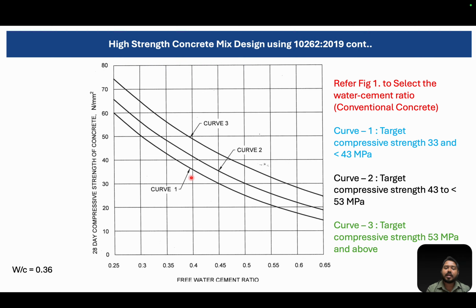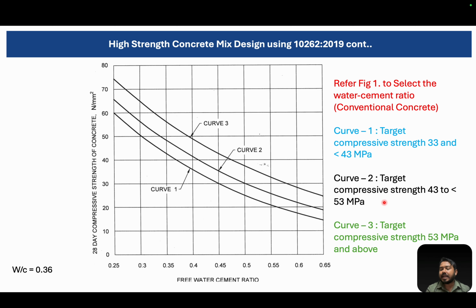Similarly, if your target strength lies between 43 and less than 53, you have to consider curve 2. And if your target strength is exceeding 53 megapascal or Newton per millimeter square, in that case you have to consider curve 3.